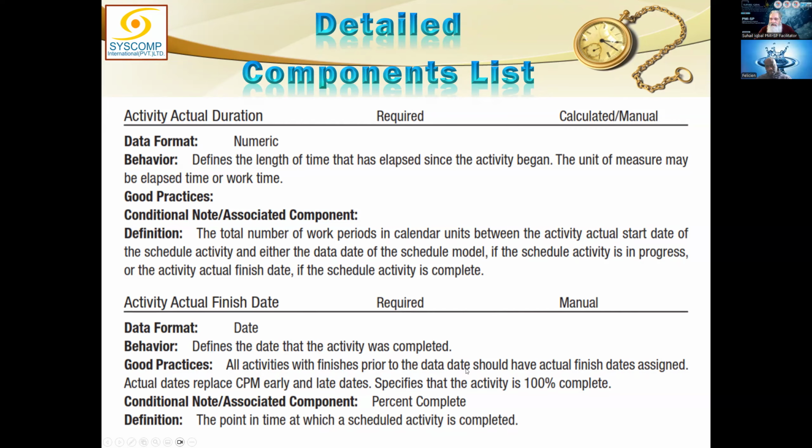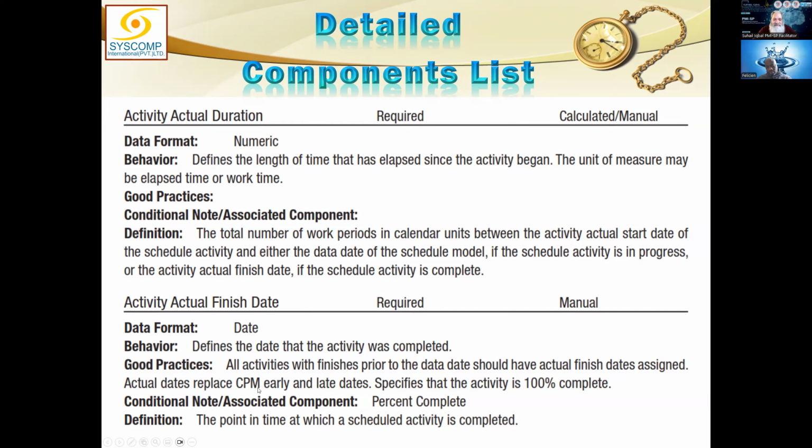I mean, today is 15th, 15th is the data date. So all those activities which have finished before that date have this date available. This date can only be provided for activities which have finished, so all activities with finishes prior to the data date should have an actual finish date assigned.